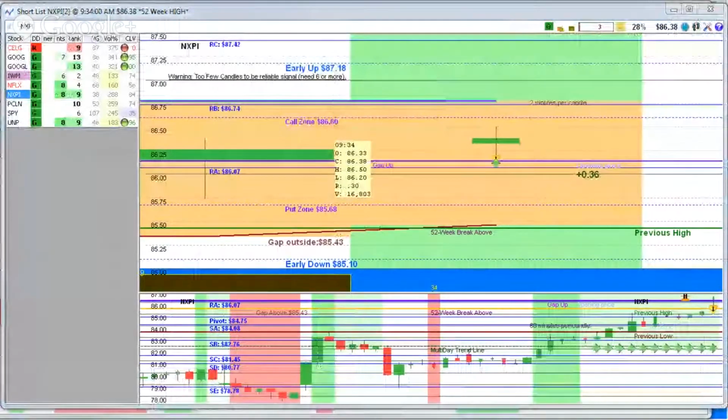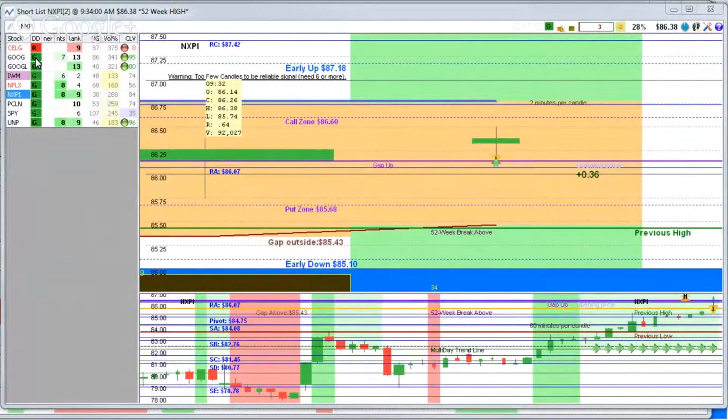Why we did that, or I did that, is because this works. The list here is a short list because it's grabbing stocks that have the best chance of moving in a specific direction. And I use that.